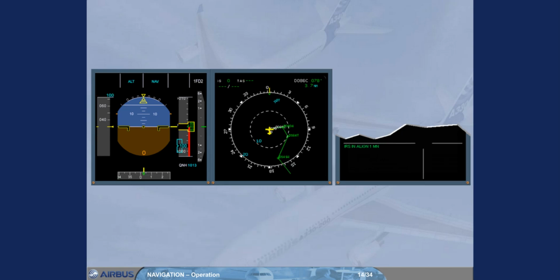Once IRS alignment is complete, all PFD and ND information is available. The IRS in Align message disappears from the engine warning display memo. For the remainder of a normal flight, no further pilot input is required on the ADIRS system.